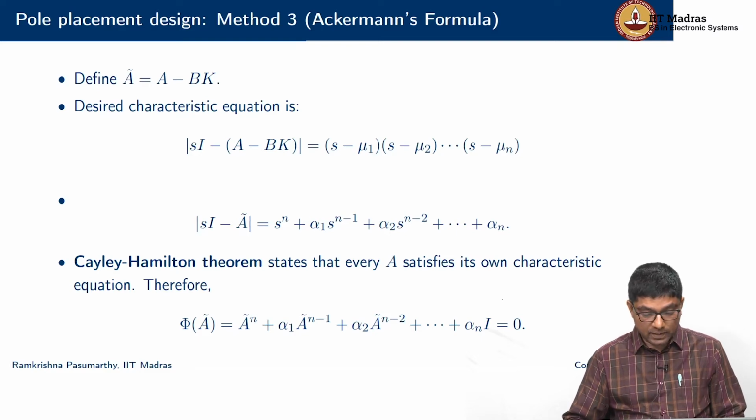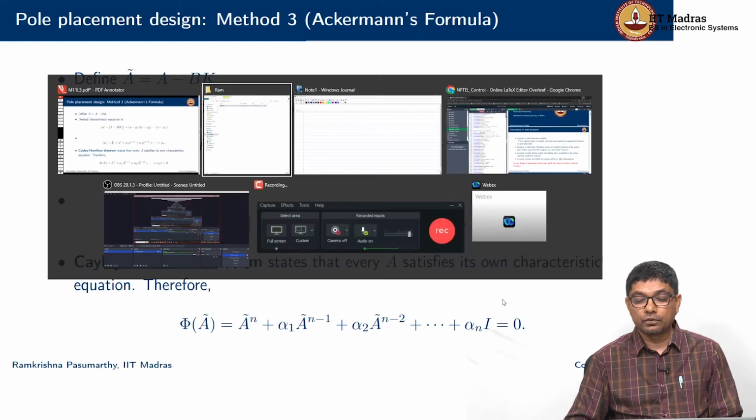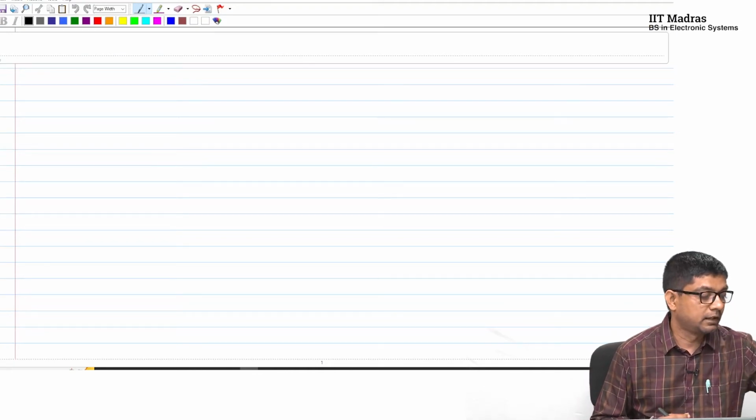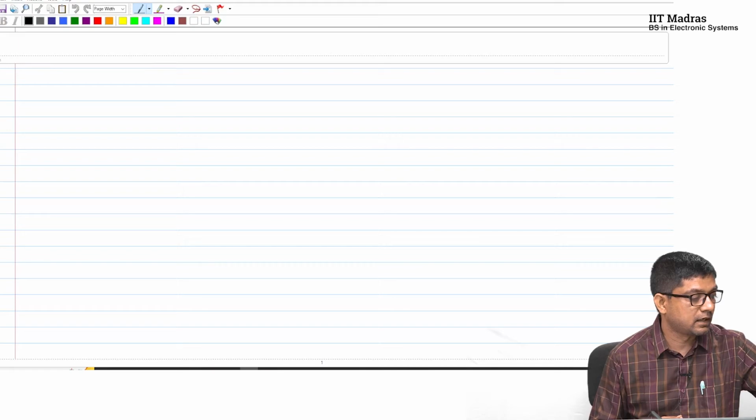Okay, so are there any more methods? Of course, in MATLAB we can do several of these by just a one line command, but let us see what these things mean. So I will do this formula called Ackermann's formula.